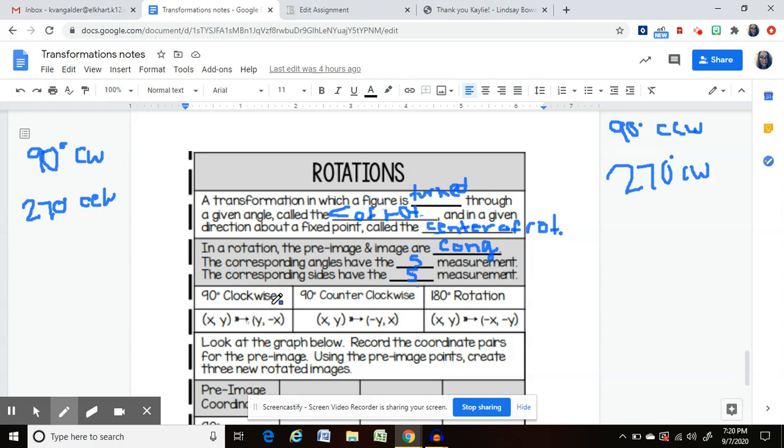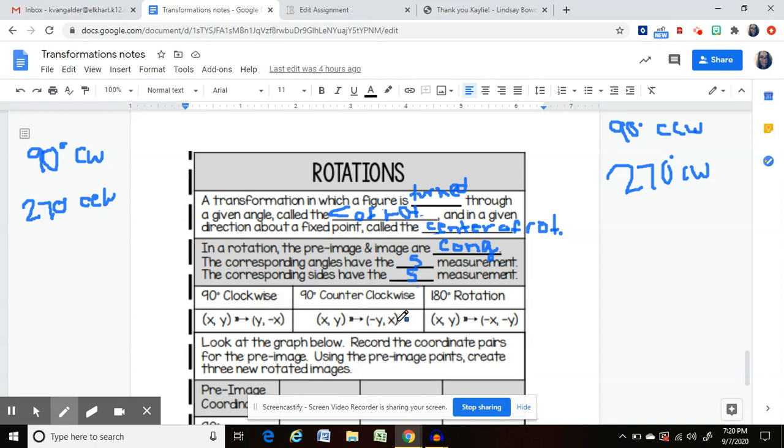Something to know when we get onto this part is that 90 degrees clockwise is the same as 270 degrees counterclockwise. Same thing here. 90 degrees counterclockwise is the same as 270 degrees clockwise. And then 180 is just going whoop, upside down.